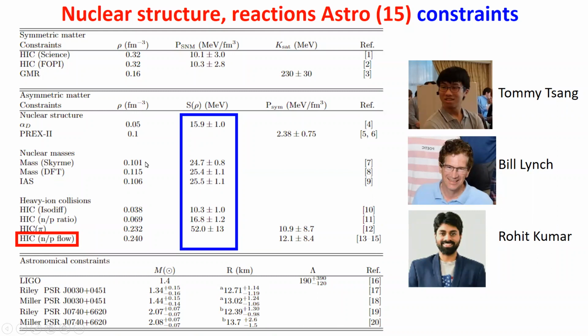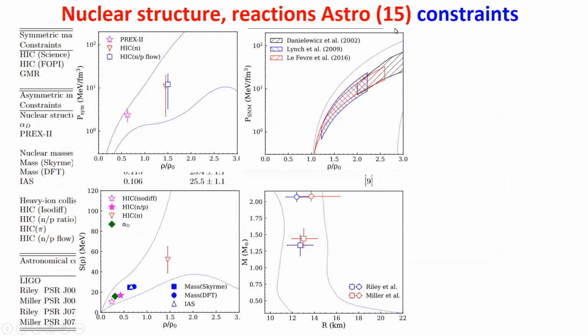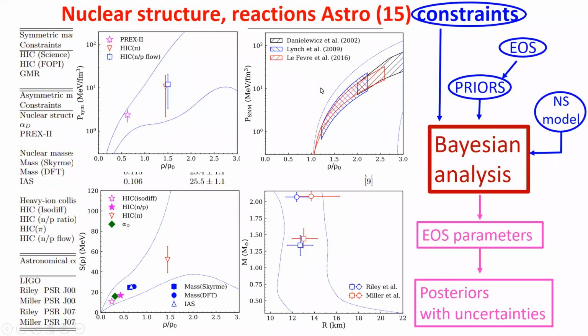Okay, and then we also have the probability value in. So this is just a graphic representation of all the constraints that I have listed. So this is Bayesian. What we did is we put the constraints into a Bayesian analysis.